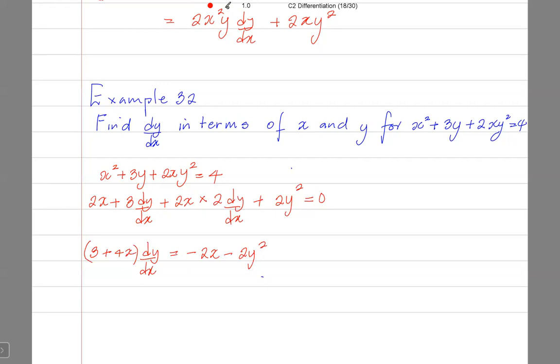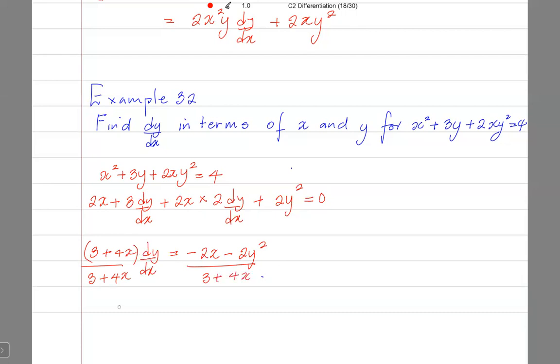And this would be equal to minus 2x minus 2y squared. So positive 2x on the left goes over to the right and becomes negative. Positive 2y squared on the left goes over to the right and becomes negative. Then I'm going to divide both sides by 3 plus 4x.